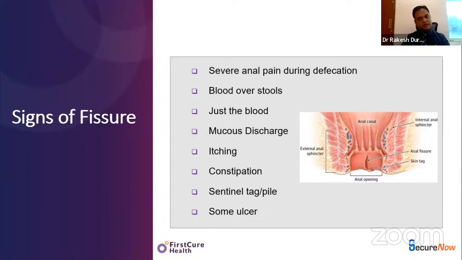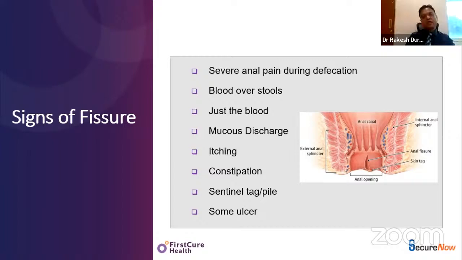That is a must because GTN acts locally to relieve the contraction pressure of our perianal muscles. So only by these methods it can be done.